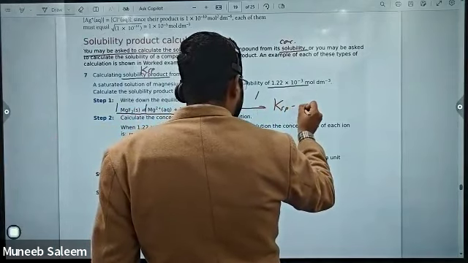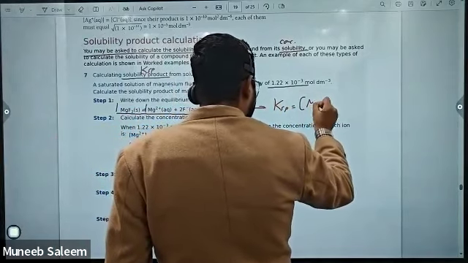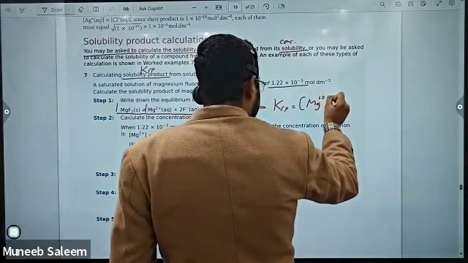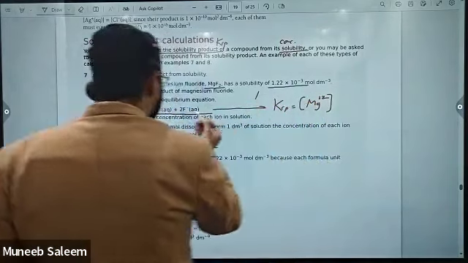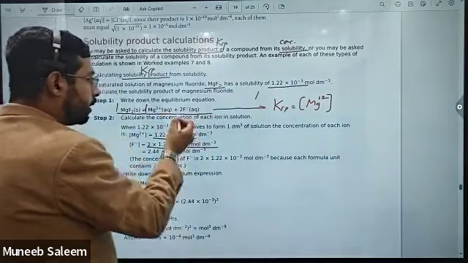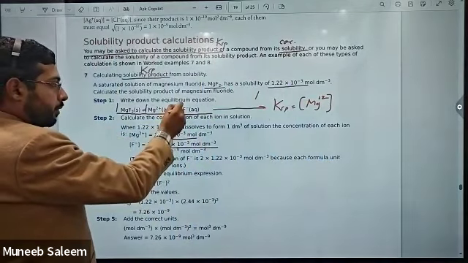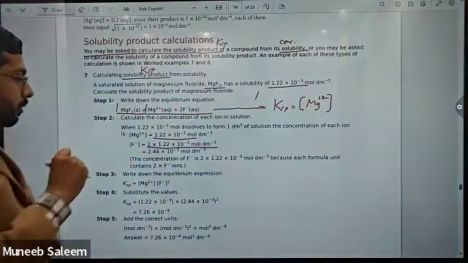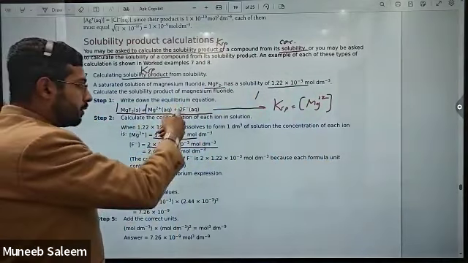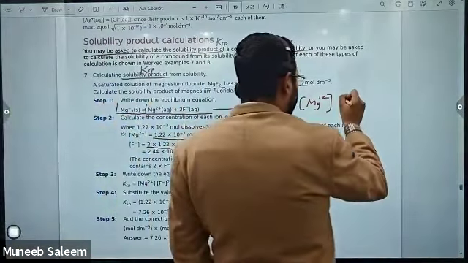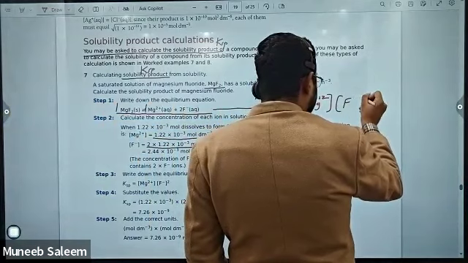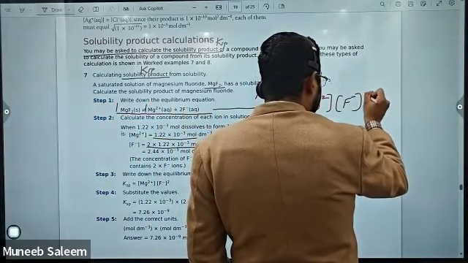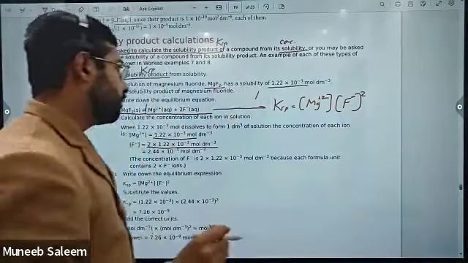KSP will become the concentration of the magnesium ions, as we have been doing, times the concentration of the fluoride ions. But here the fluoride ions are present as 2 moles, which means this coefficient 2 will become the power over here. So fluoride ions will have power 2.